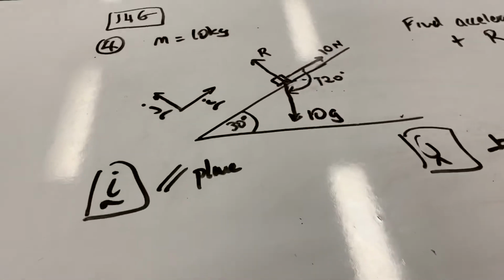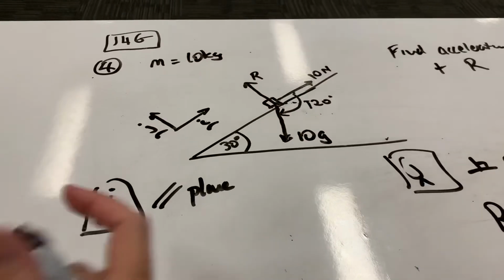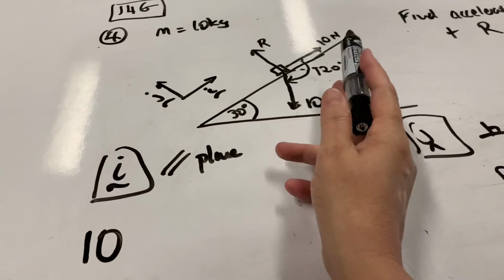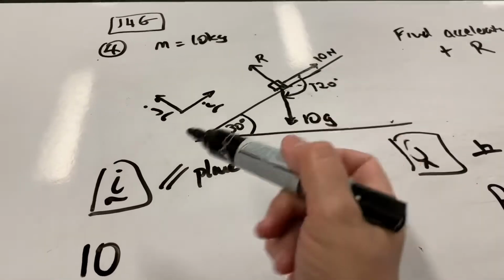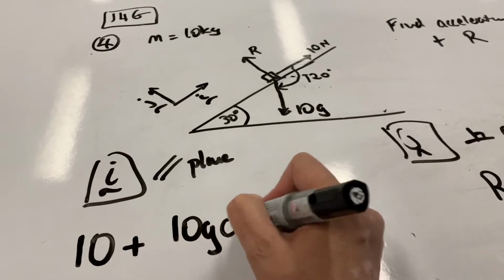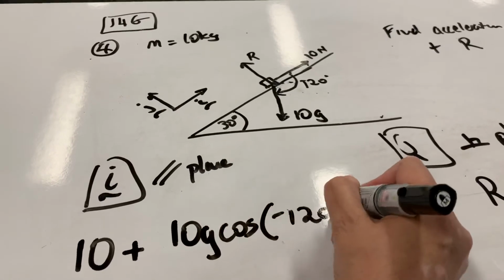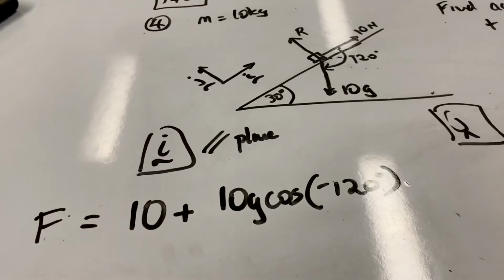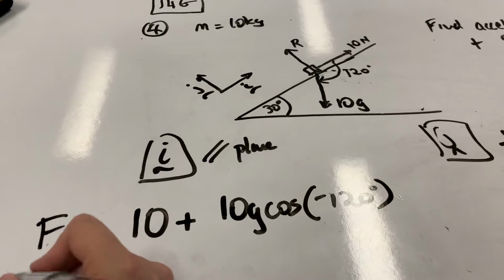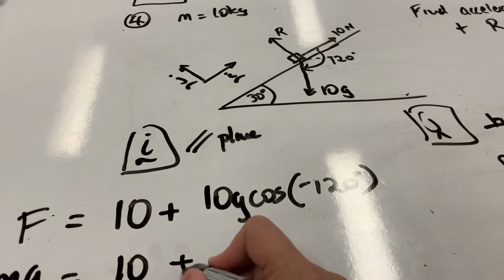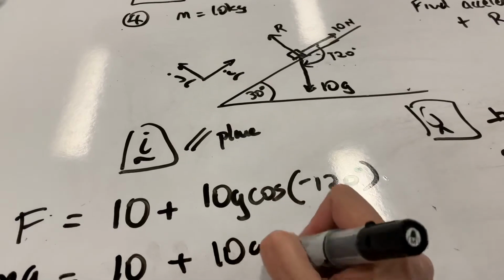Let's come over in the I direction. In the I direction, we have the 10 newtons acting in the positive direction up the plane. And then we have 10G cos negative 120. And this is my force. So force is MA, 10 plus 10G.